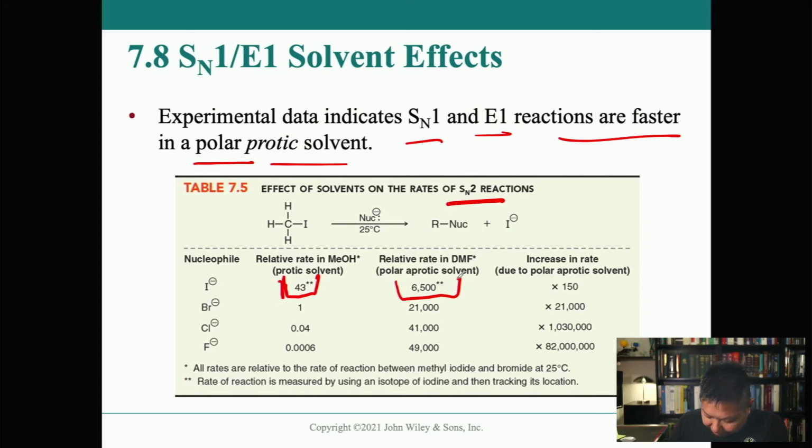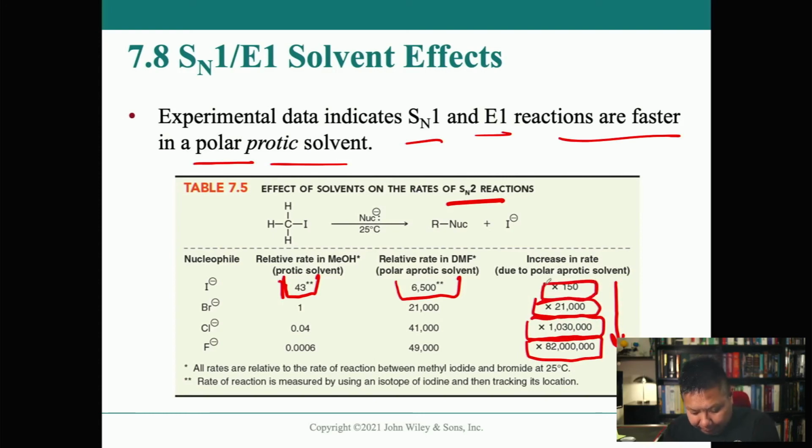As we go down this chart, you can see how much stronger these nucleophiles get, or their rates get, due to a polar aprotic solvent, in contrast to SN1 and E1 reactions, which prefer protic solvents.